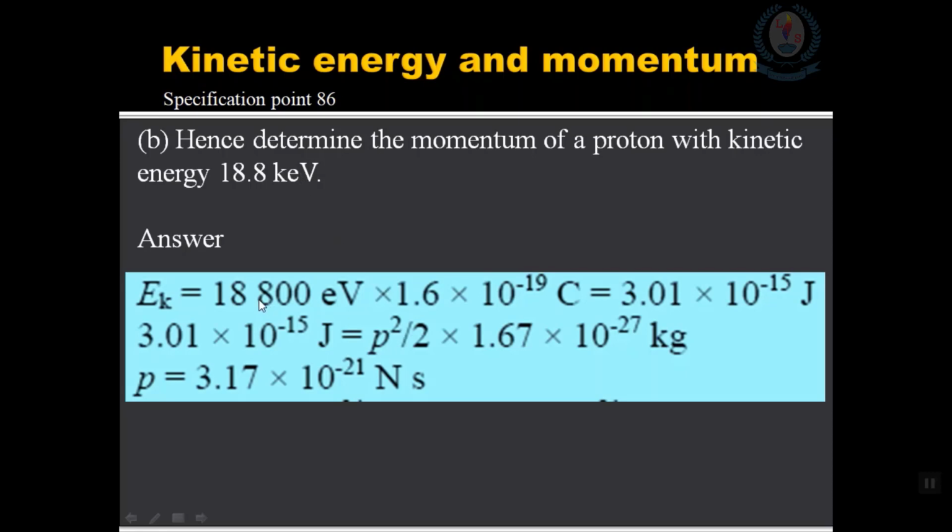So first of all, we will convert electron volts to joules. Then, as they are asking the momentum, not the velocity, we will directly use p squared over 2m. Mass of the proton will be given in the formula sheet, so nothing to worry about that one. We found the kinetic energy in joules, p squared over 2m, then p would be equal to 3.17 into 10 to the power minus 21.